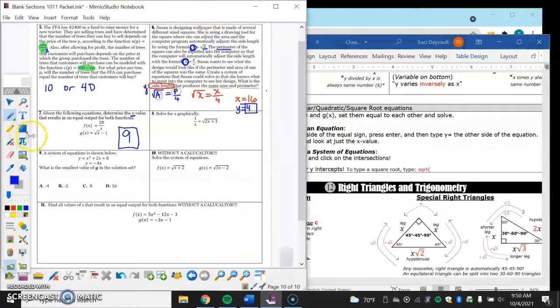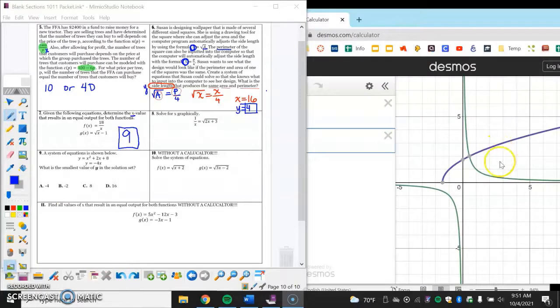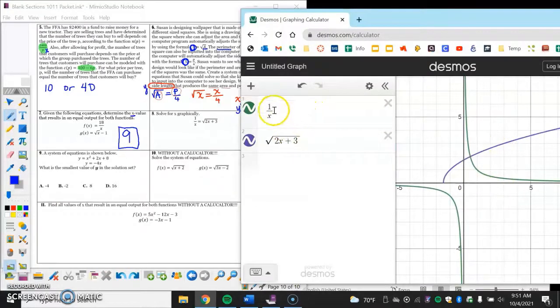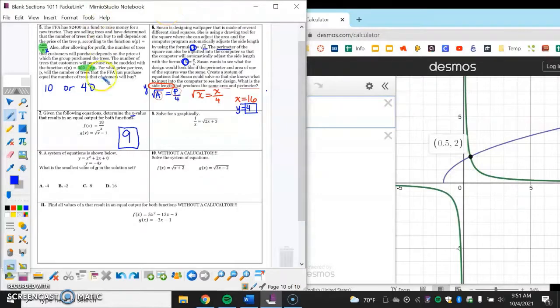That means we're going to type in this and type in this and see where they intersect. See if you can find the x value where these two intersect. When I typed both of these in, I see they intersect here at 0.5. If we're solving an equation, we really only look at the x value because there is no y here.